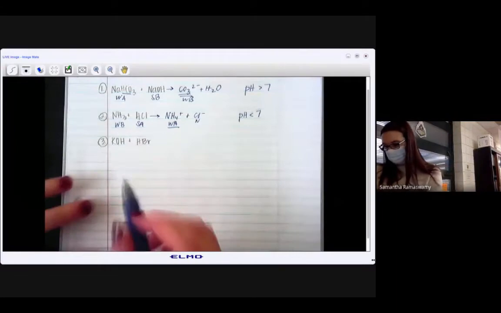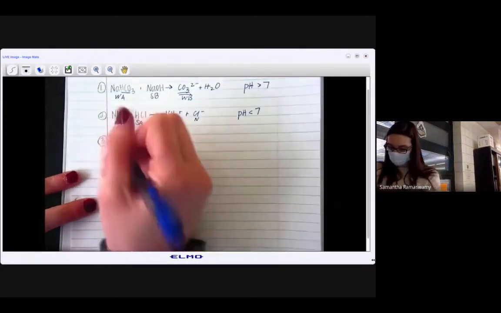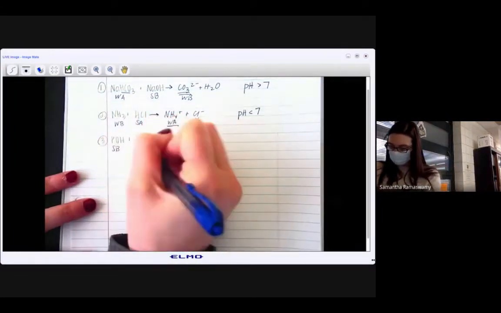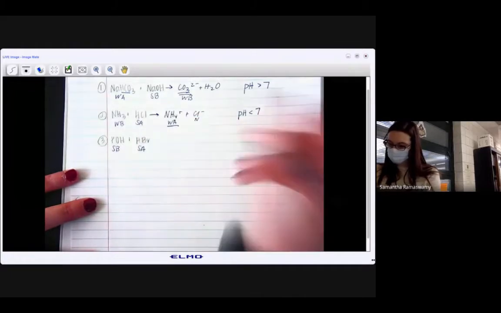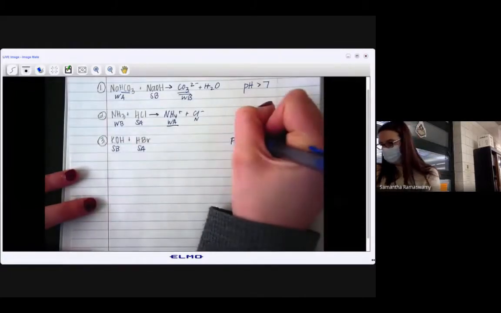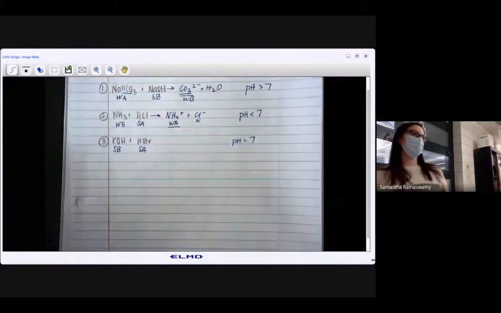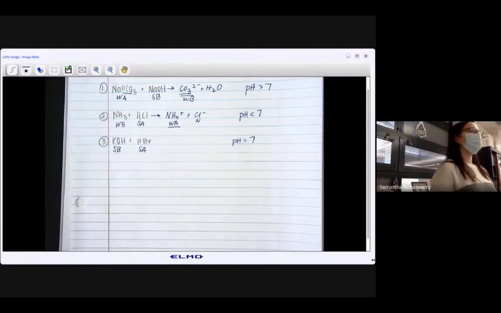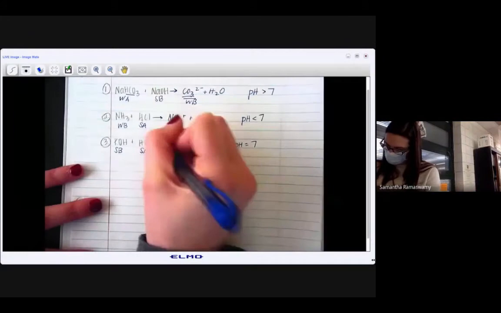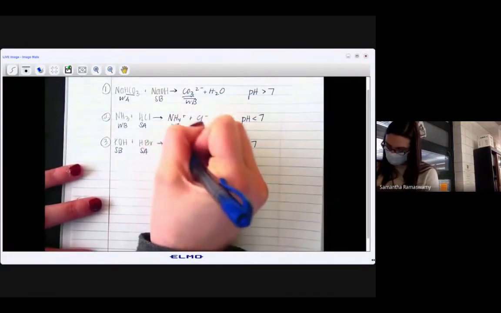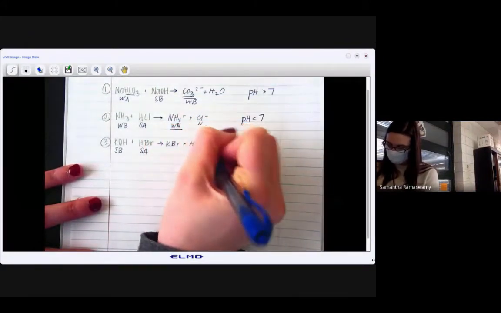And then finally, for number 3, KOH and HBr, strong base, strong acid. The pH of any strong titration, no matter what, is 7. Because the salt that is formed is KBr, right? And water.